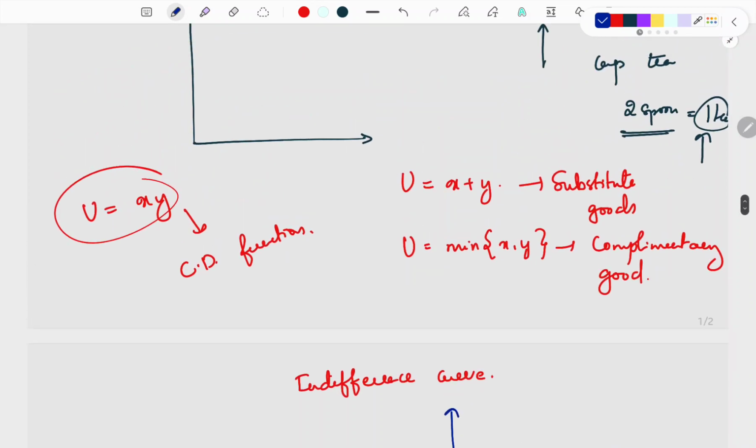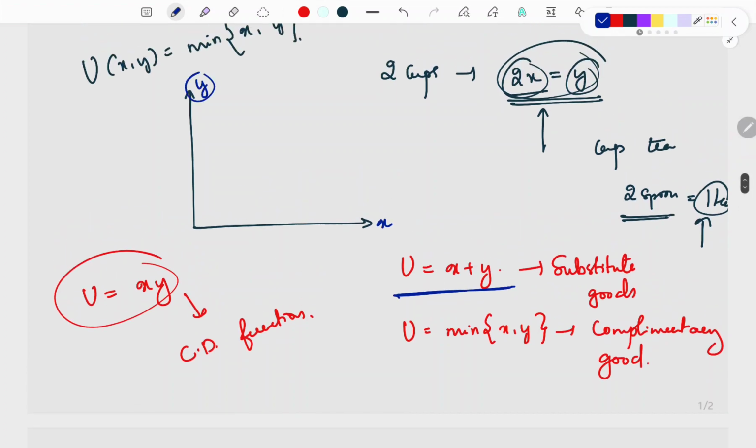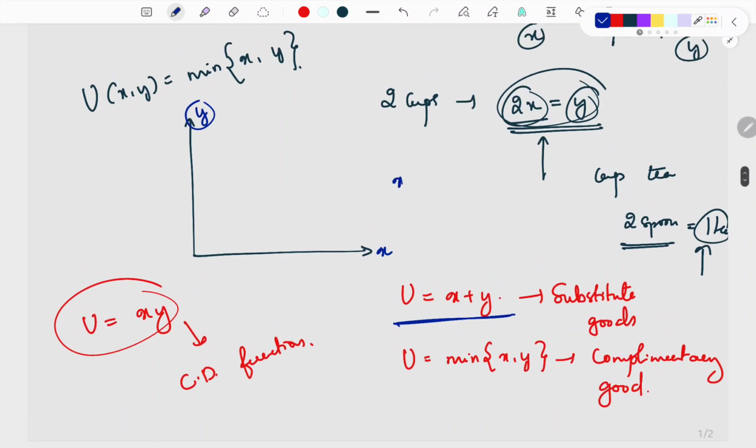Let's say you have substitute goods, and this is x quantity, this is y quantity. The first thing I want to ask you is how much x can you consume when you are not consuming y? There is totally m amount.